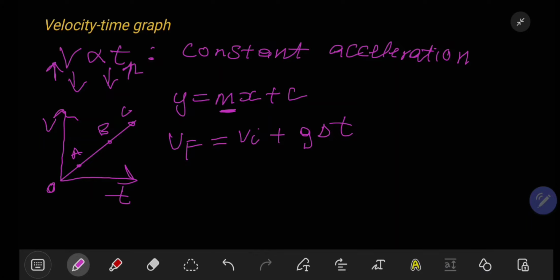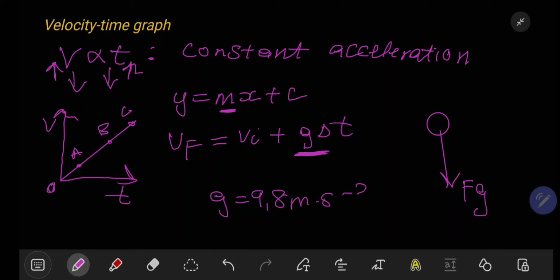relationship. When we talk of vertical projectile, that is where we have an object here, and the only force acting on it is the gravitational force. We know that this gravitational acceleration is 9.8 meters per second squared.